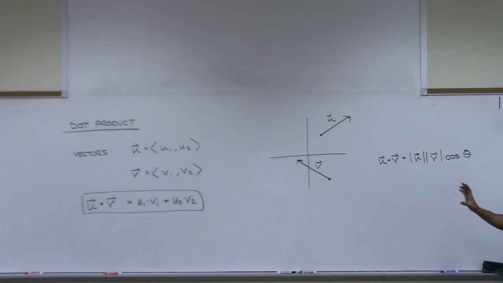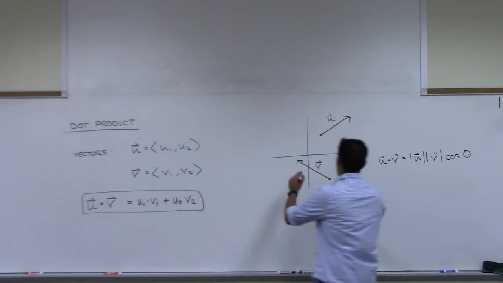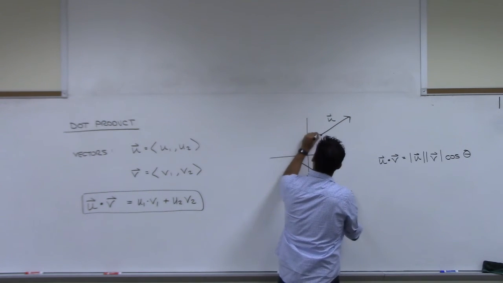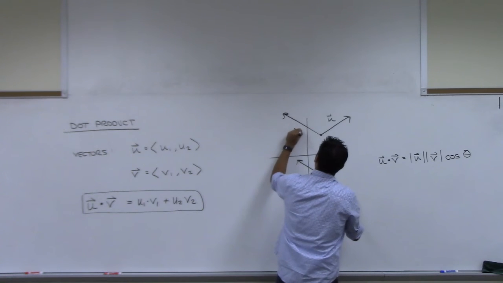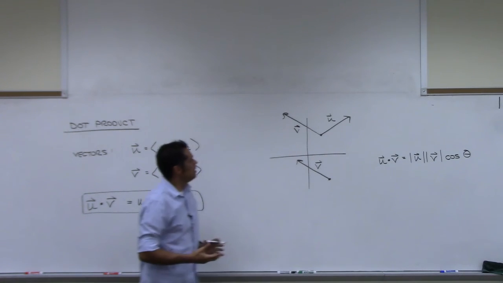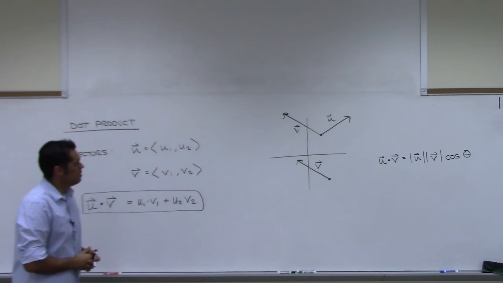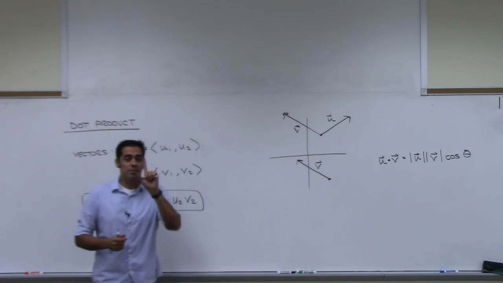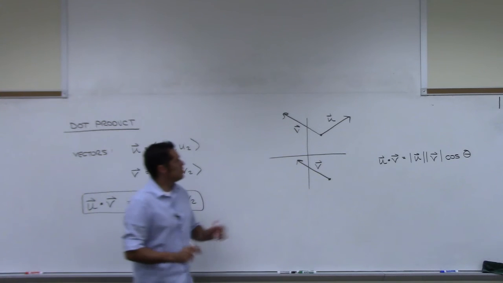What I would have to do is slide these vectors around and put them tail to tail. Let's just imagine taking this vector, moving it up and over, and that would be v. I can move v without changing what it is, right? Do you all agree? So theta is the smallest angle between them, because there's actually two angles.